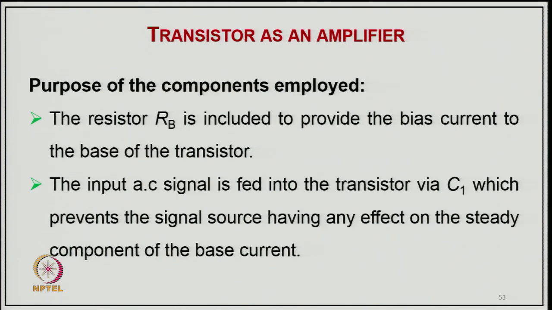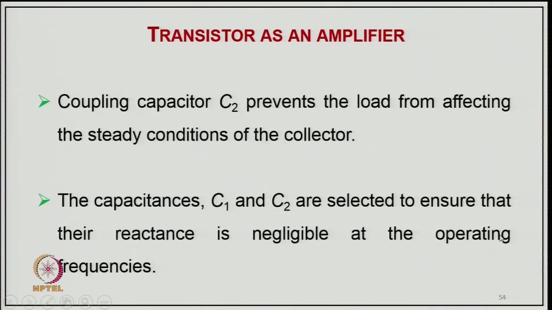So, regarding the purpose of the components applied here, the resistor RB is included to provide the bias current to the base of the transistor, and the input AC signal is fed into the transistor via C1, which prevents the signal source from having any effect on the steady, or DC, component of the base current. The coupling capacitor C2 prevents the load from affecting the steady condition of the collector current.